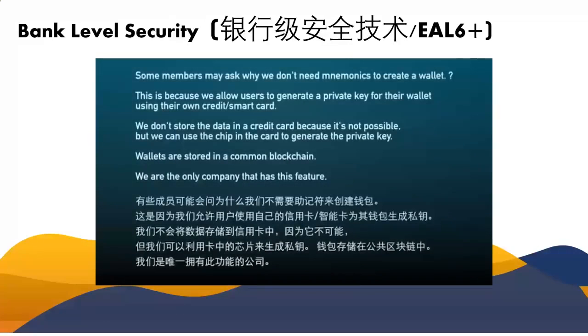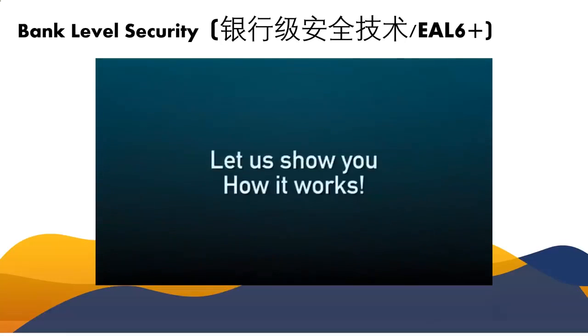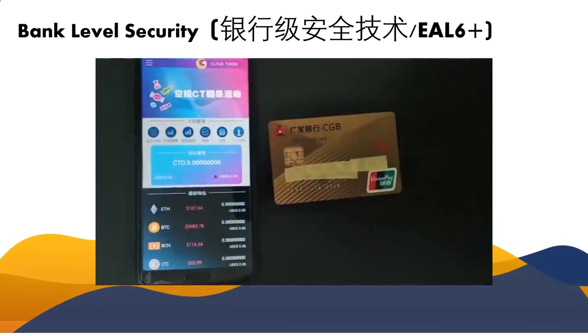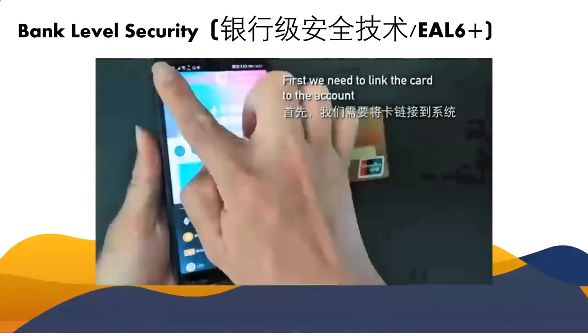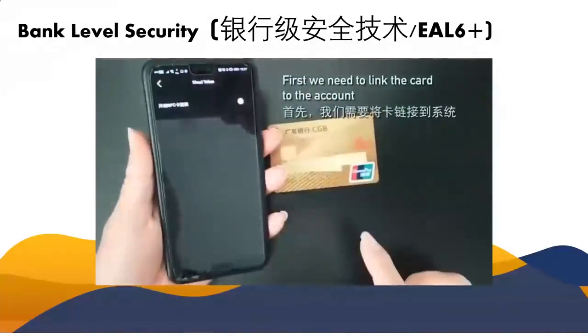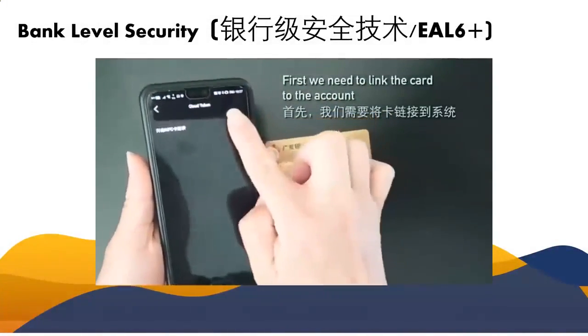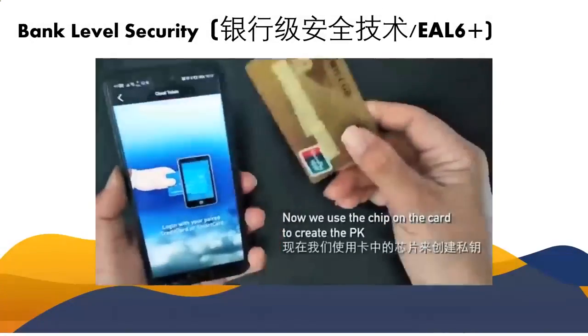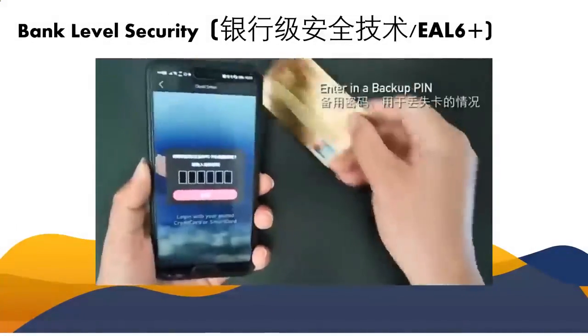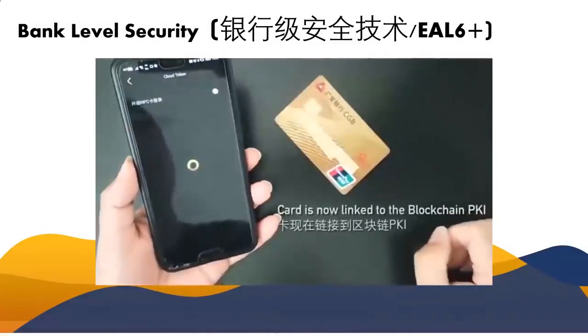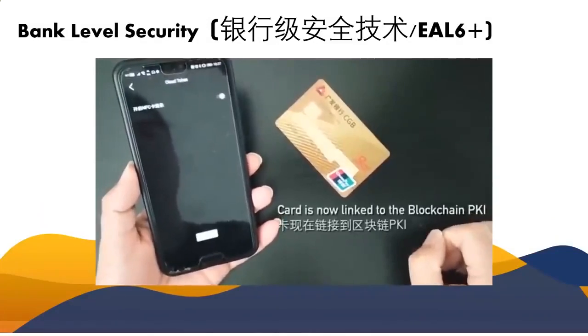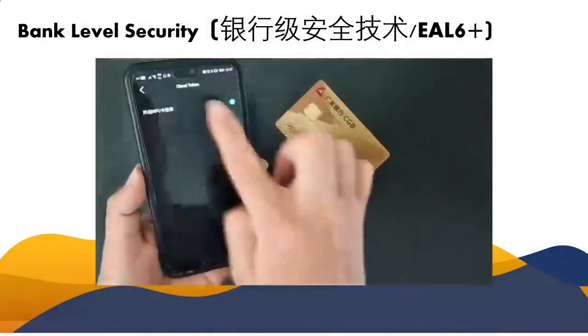So this is a video of our card security, which we're going to launch on May 12th. I think this video, all of you have seen it. So basically what we did was, for the card itself, we are using the randomizer to generate the public key.